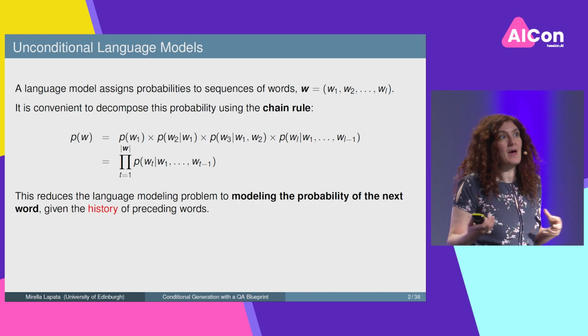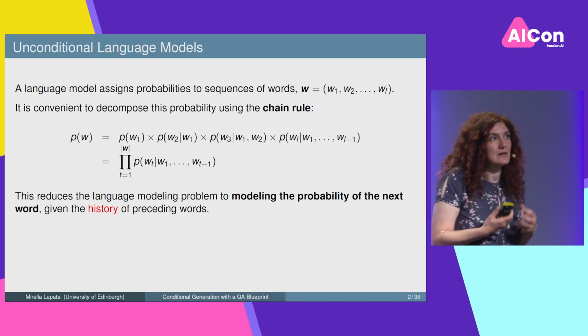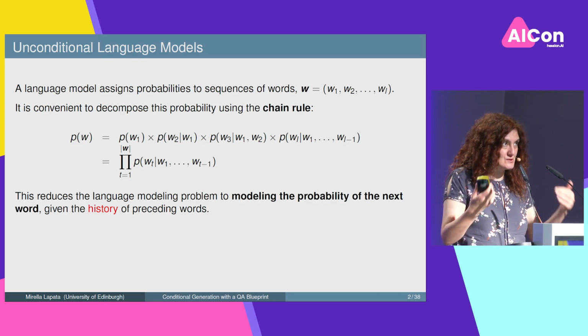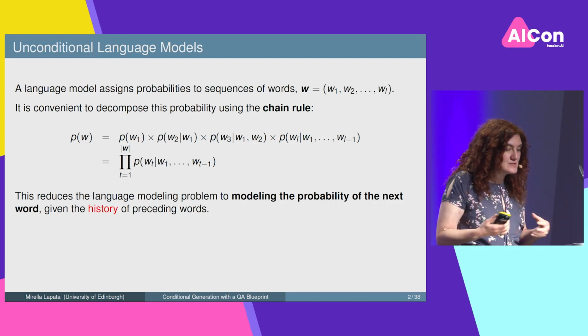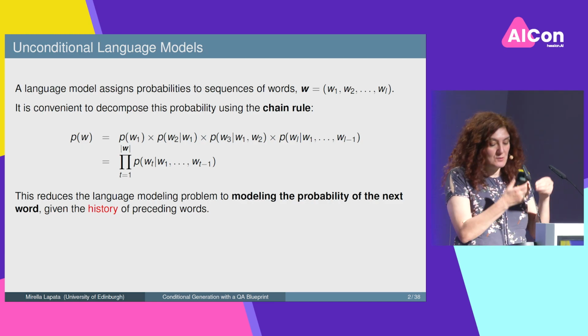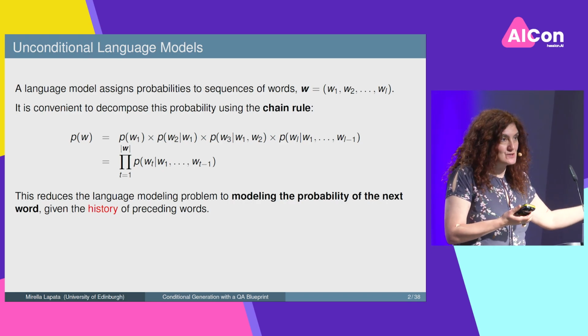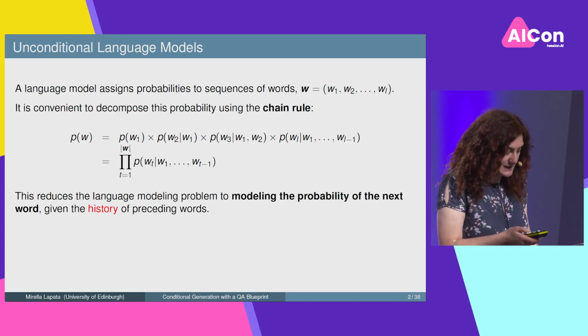That is its job. Because these sequences can be very long, we usually take the chain rule and decompose this probability. Basically, what this rule does for us is reduce the language modeling problem to modeling the probability of the next word given the history of preceding words. This is what unconditional language modeling does.